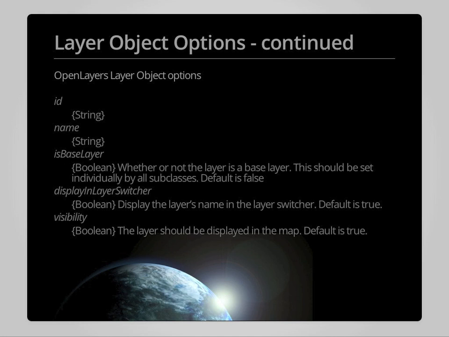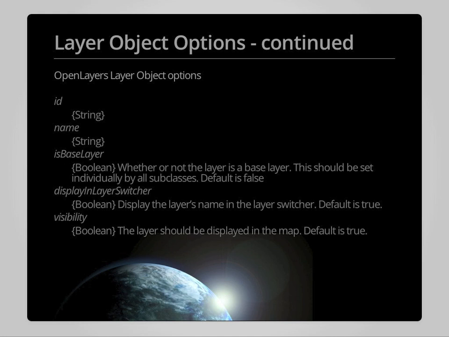Visibility, on the other hand, assumes that the layer is displayed in the layer switcher, or that you do not want to display the layer at all. So if you set the visibility to false, that means the layer will not be initially displayed when the map loads.